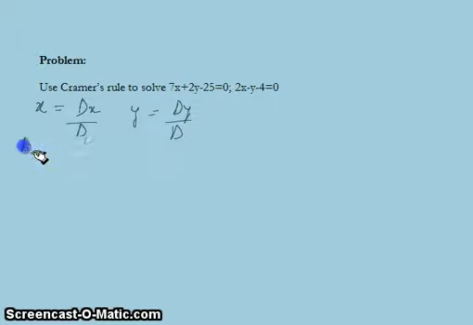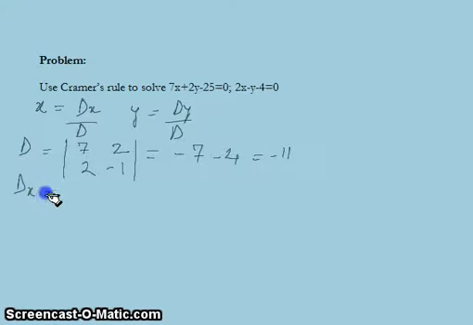Now d is the determinant obtained from the coefficients of x and y, which are 7, 2 and 2, minus 1. This means d has the value of minus 7 minus 4, which is equal to minus 11.